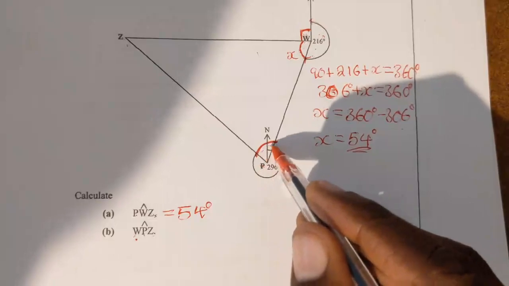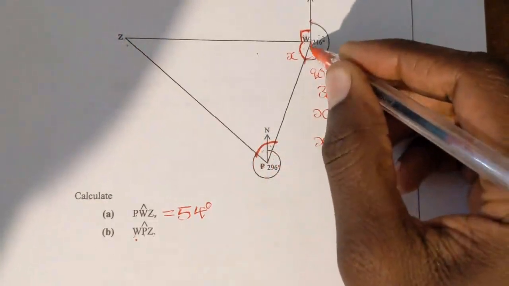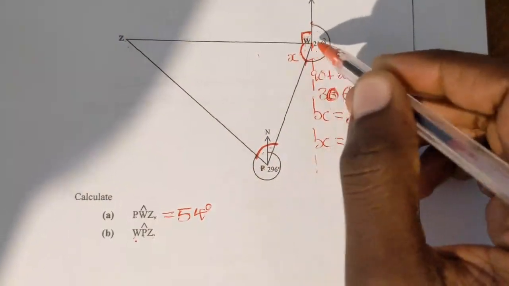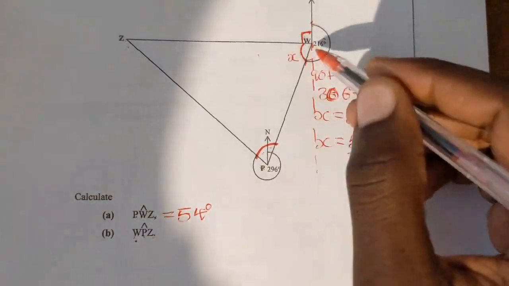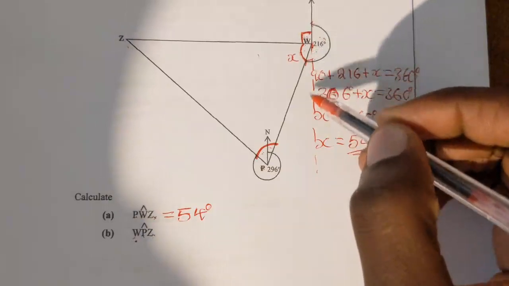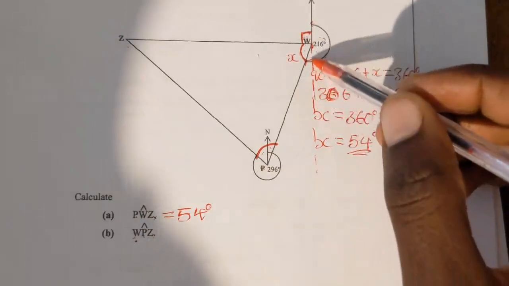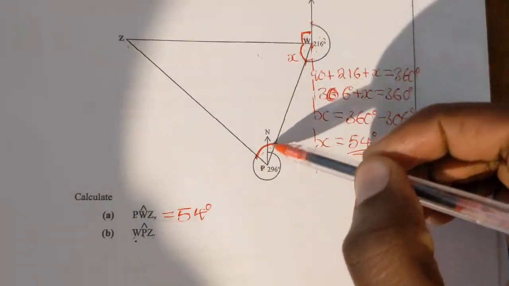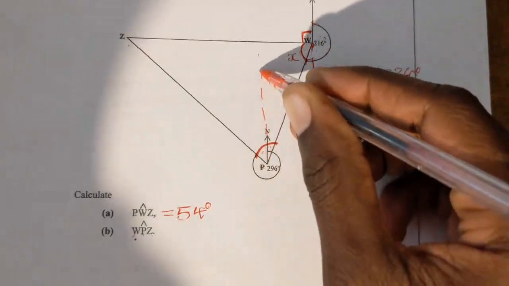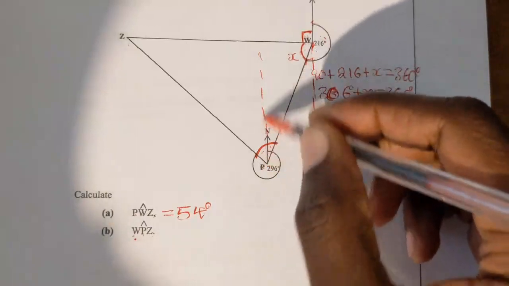To get this part, you can extend the north pole, and when you extend it, it is forming a Z angle, like this, like that, and like this.